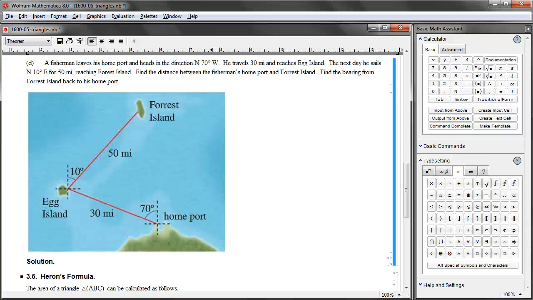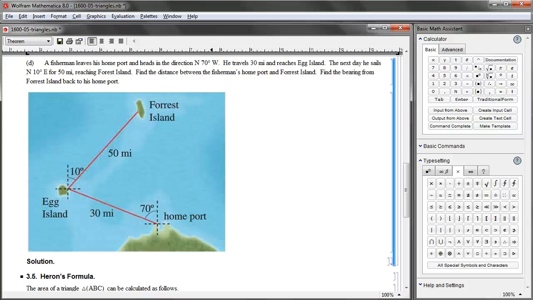So from north, we take a 70 degree angle toward westward. Travels 30 miles, so we have this second point, Egg Island. And we have another angle, north 10 degrees east. So from north, we take 10 degrees toward east and then travel 50 miles and reach Forest Island.